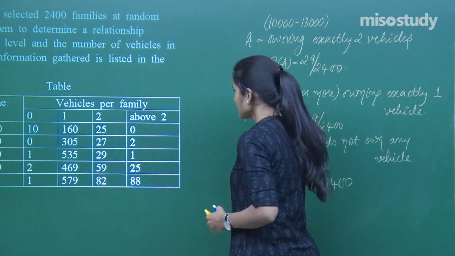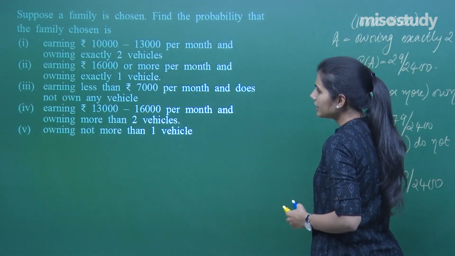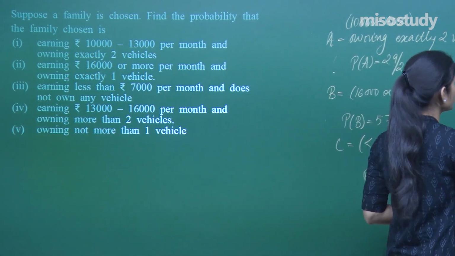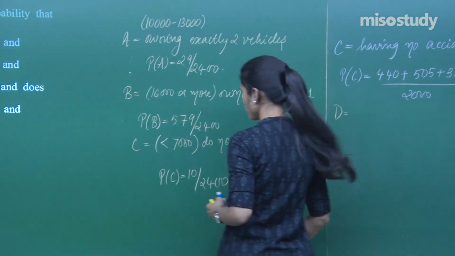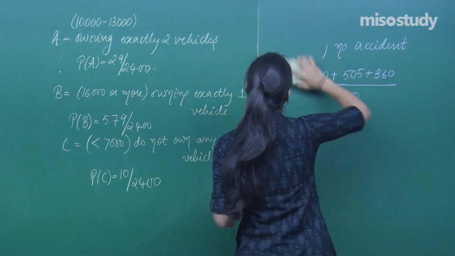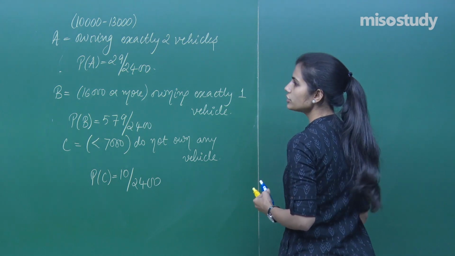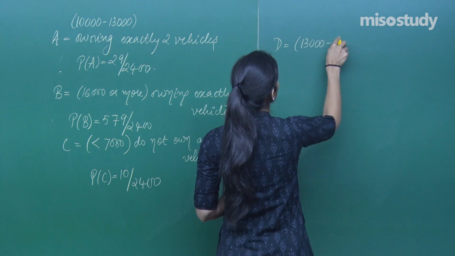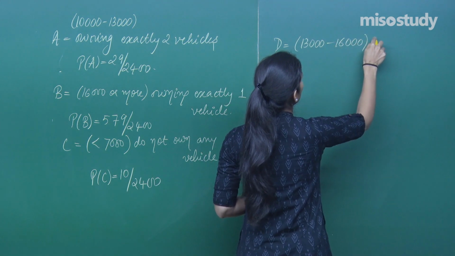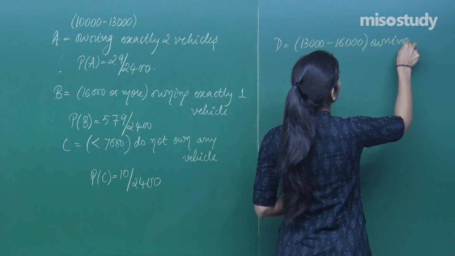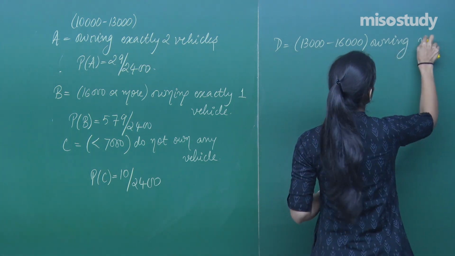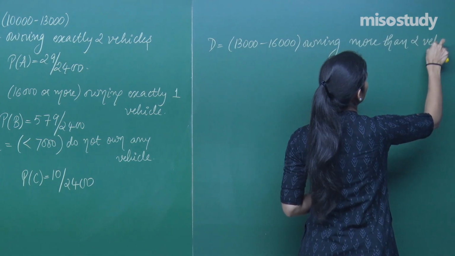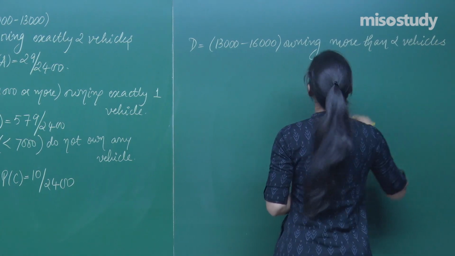Next we have earning in the range of 13,000 to 16,000 and owning more than 2 vehicles. So, you have this event D which is saying that earning is lying in which range? 13,000 to 16,000, owning more than 2 vehicles.